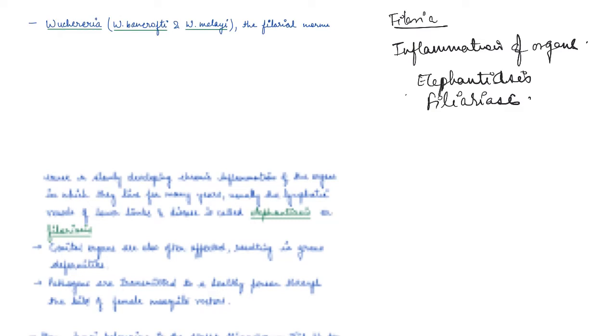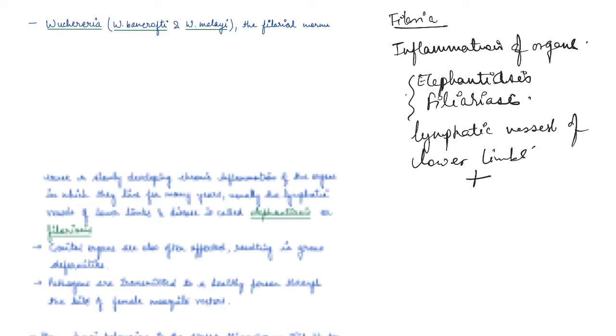Right? So in these cases, the lymphatic vessels of the lower limbs get infected. Along with that, the genital organs also get infected, right?